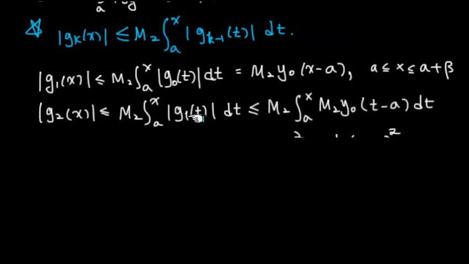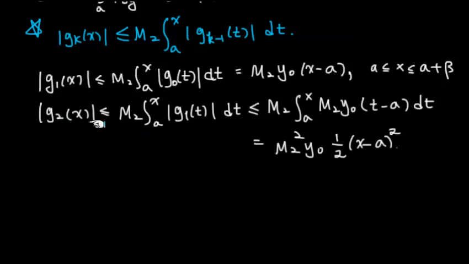This g1 is replaced by m2 y0 times t minus a, because that's our integral variable. Then it gives us two m2s and y0. Actually, this y0 is supposed to be an absolute value. It's a typo. We must have absolute value everywhere around this y0, sorry about that, because we put absolute value everywhere. But this part is okay, x minus a, assuming x is greater than a. So that's a specific upper bound for g2.